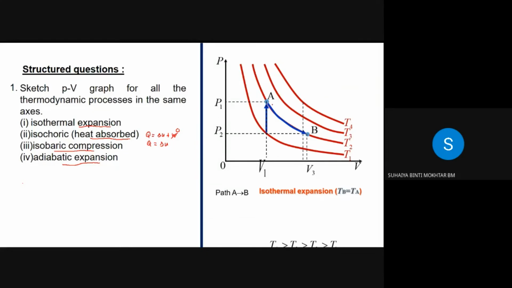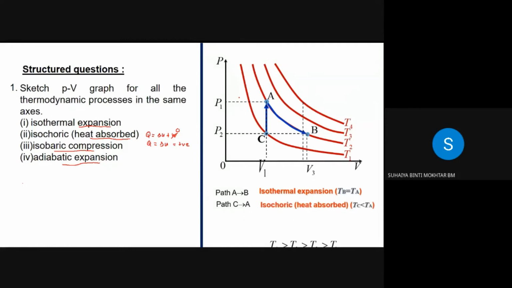So temperature at point A is greater than point C. Right? So you get positive. So arrow should be upward, not downward. Okay? So you get here positive value. Okay? So we let TA is greater than TC.